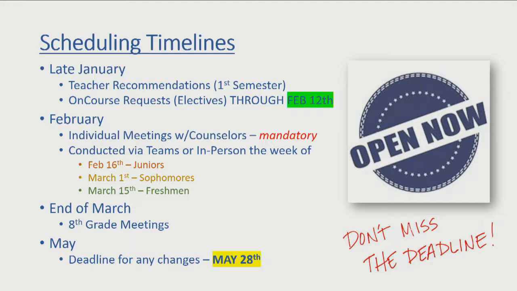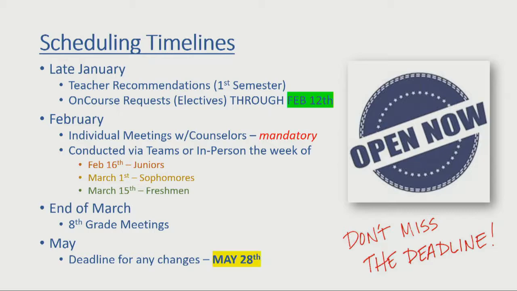So now students, you're going to begin to make requests for all of your elective courses beginning February 1st and continuing through February 12th. So OnCourse will be available for requests from February 1st through February 12th. In February, after all elective requests are made, you will begin to conduct individual meetings with your counselor.